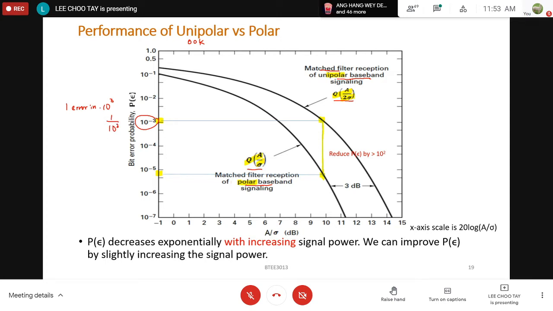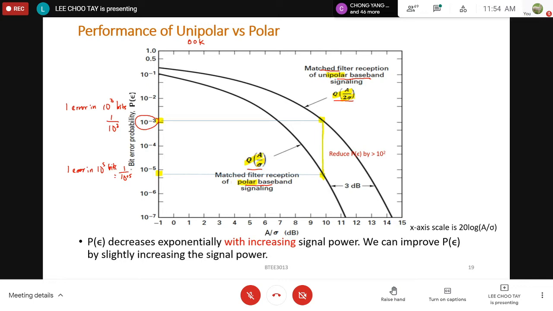And 10 to the power of minus 5 is 1 over 10 to the power of 5, right? So that means one error in 10 to the power of 5 bits.